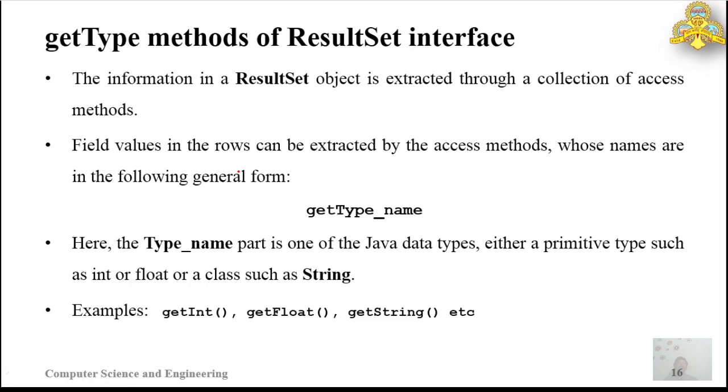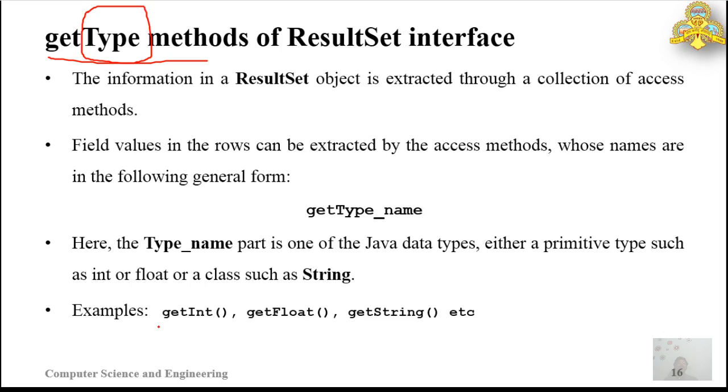Every row will contain one or more fields, and those fields may be of different types. For example, a student name can be a string, whereas a student's age can be an integer value. In that case, to get the information in a particular field, we have to use a particular type of methods, generally known as get type methods. There is actually no method called getType. Here the type of the field is utilized with the get method.